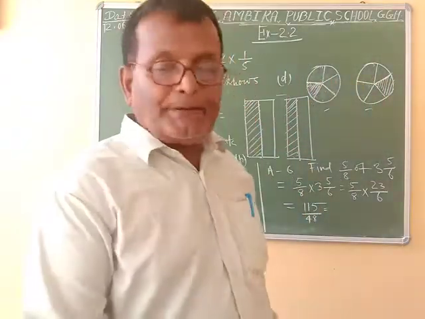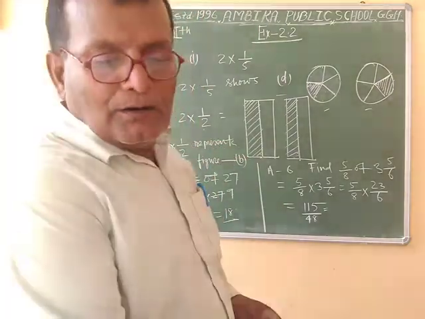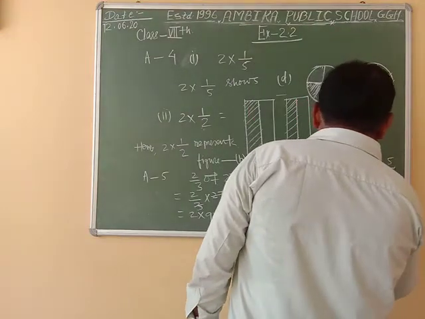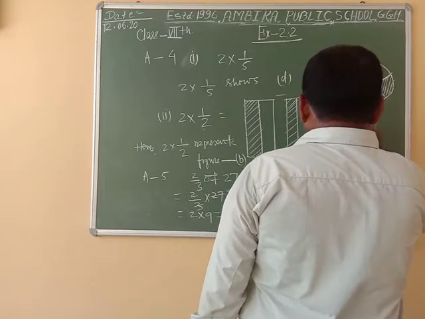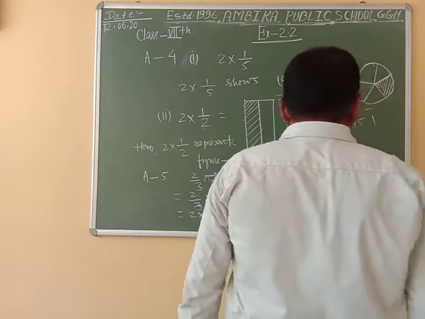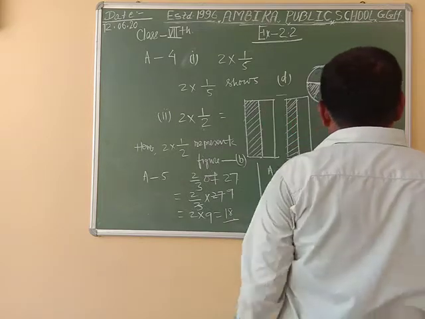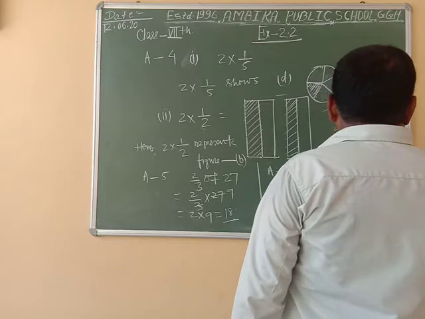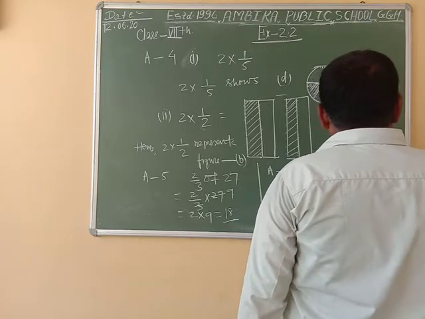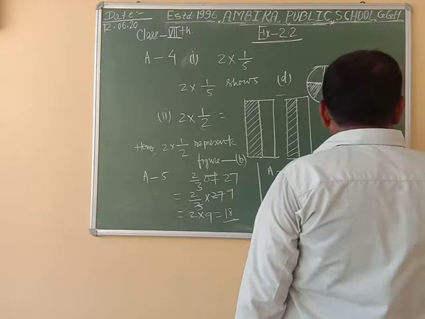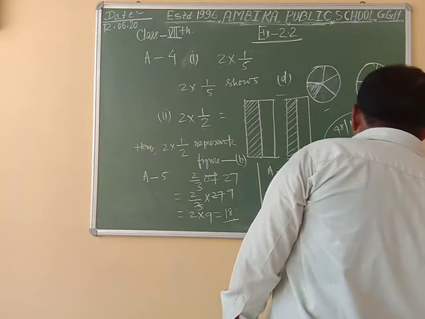If we divide 115 by 48, 48 goes 2 times in 115, which is 96. Write below and subtract, the remainder is 19. So the answer is 2 whole 19 by 48.